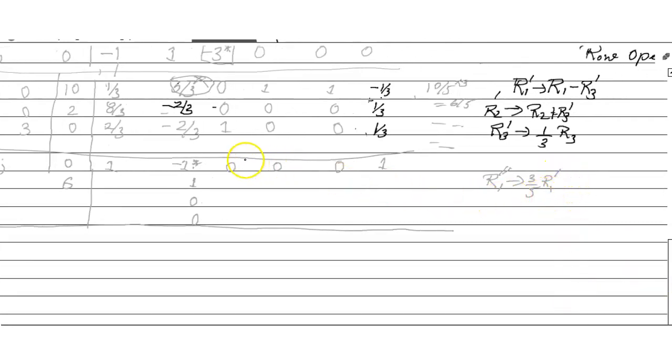I have to do 3 by 5 times R1 dash, meaning this is 1, and this portion is 6, and another factor is I have to make these portions 0.